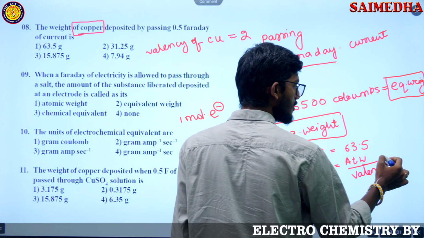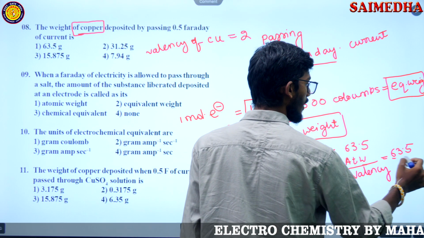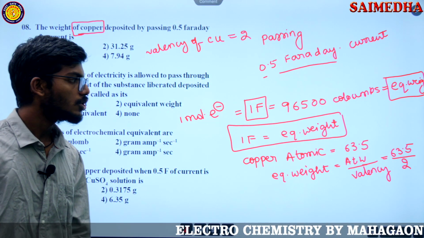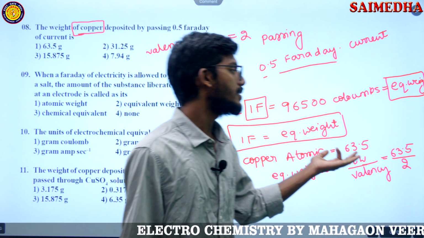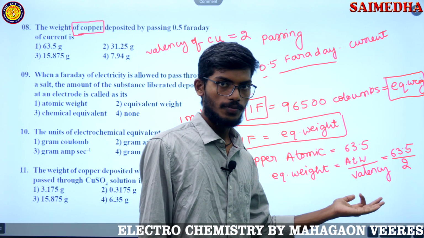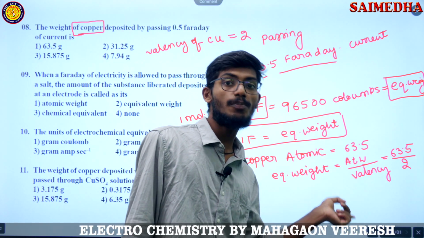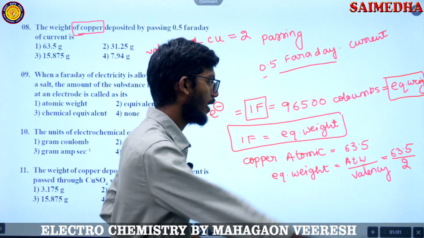So atomic weight is how much? 63.5 divided by 2. So 63.5 divided by 2 is how much? 31.75.